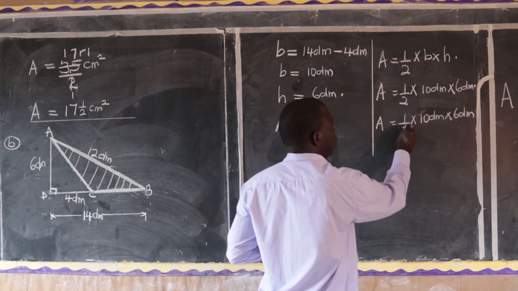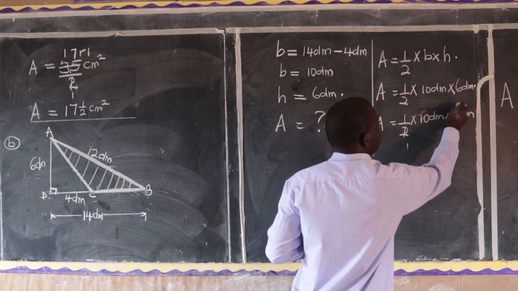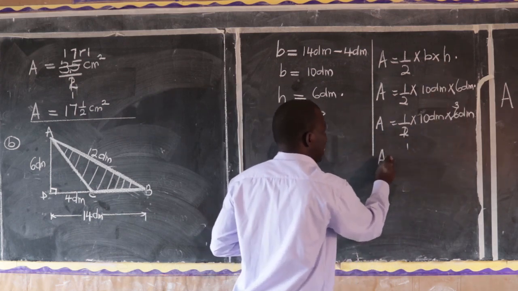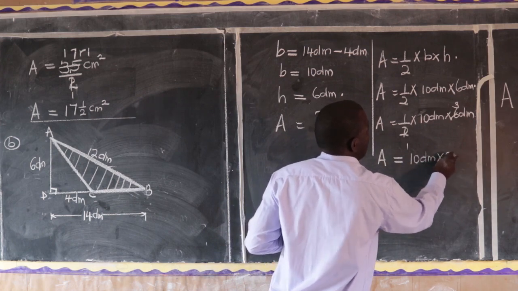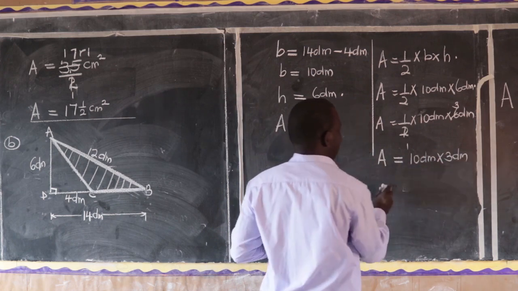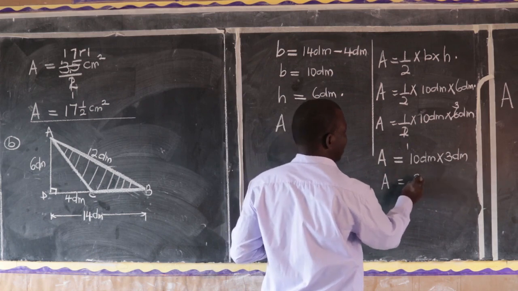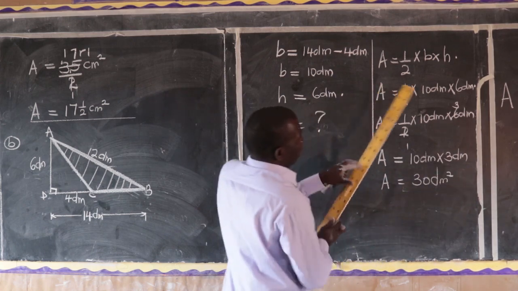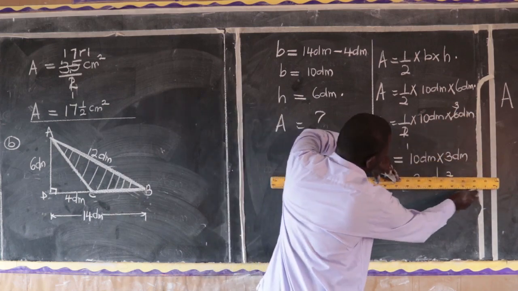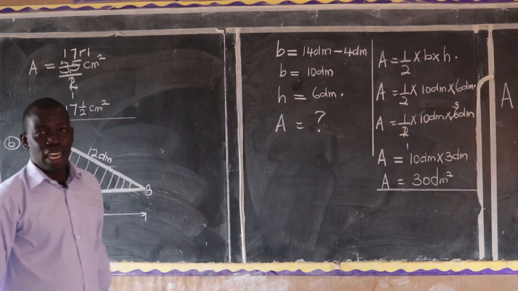Let's cancel this very fast. 2, 1 here, 2, 3. So the area is 10 decimeters by 3 decimeters. So our final area is 30 square decimeters. Underline that as your answer.